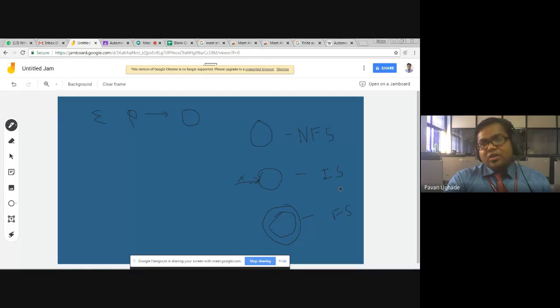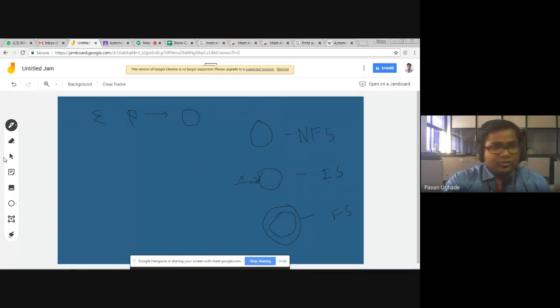The initial state is also represented with a single circle, but with an inward arrow. The final state is represented with two circles. These are the basics. You should understand the differences of these states: non-final state, final state, initial state. That's it. Now I'll take up something different.